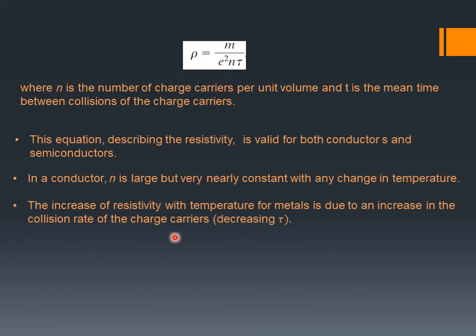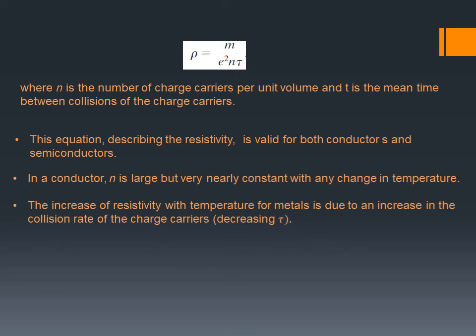What about semiconductors? The increase of resistivity with temperature for metals is due to an increase in the collision rate of the charge carriers. Now, the question is why the resistivity increases with temperature. Because when the temperature increases, electrons start moving rapidly, and the collision rate of the electrons with the atoms increases.